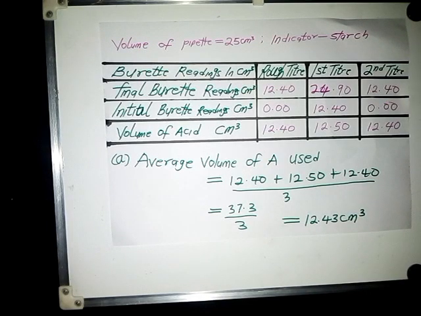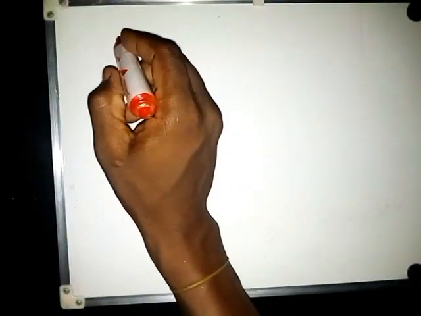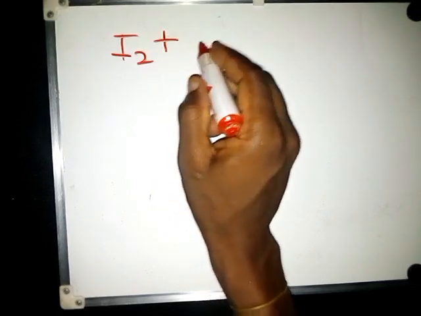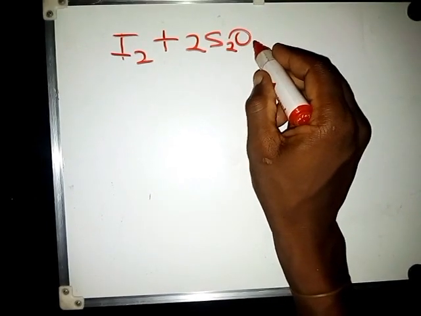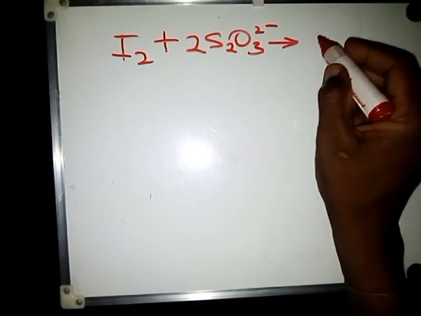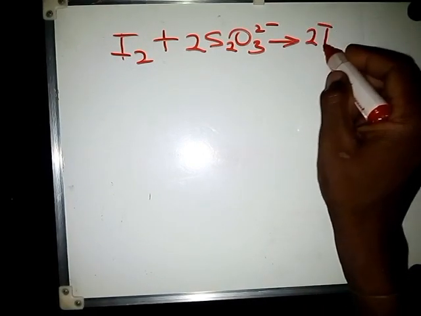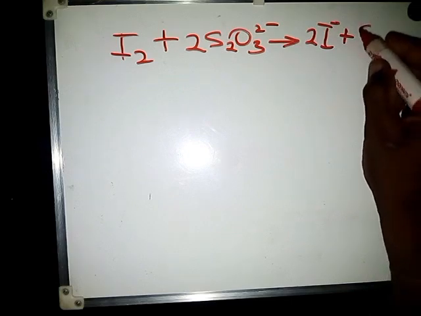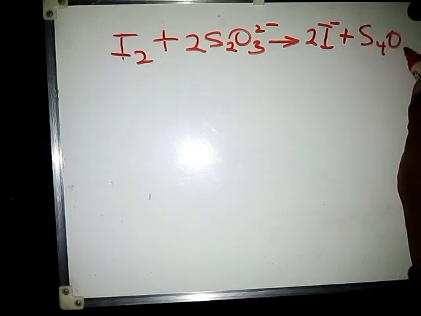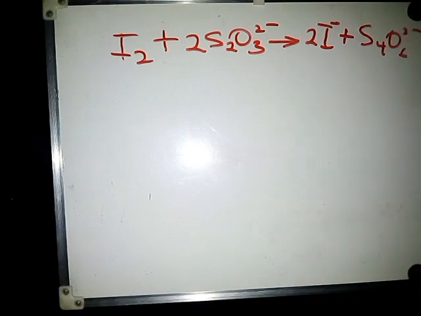So after this, we can now calculate for other things. So from your question, the equation that was given, the first question there said you should calculate the concentration of A in mole per dm cube.